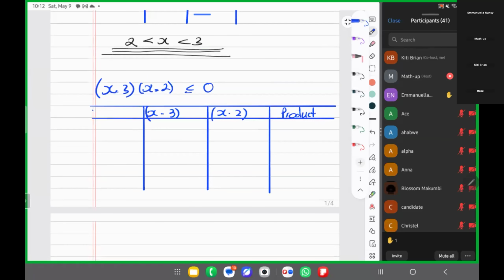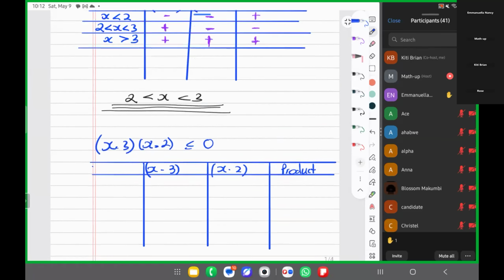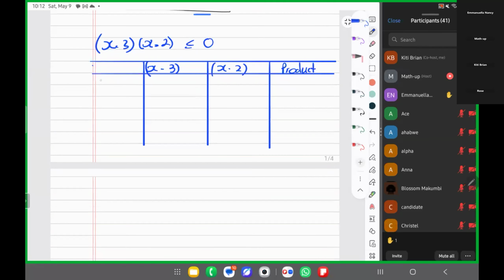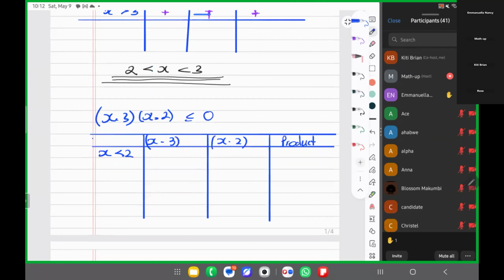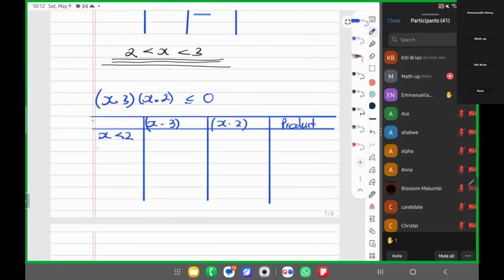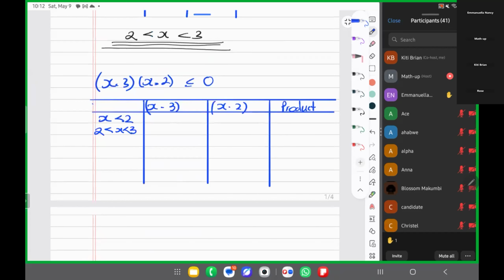Yeah, so in that case, the values you can have are x being less than 2 or x being between 2 and 3. Now realize that in the condition where you have x being less than 2, you are going to cater for that 0, because less than 2 means that everything less than 0 is being catered for.